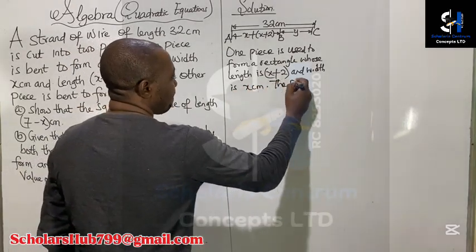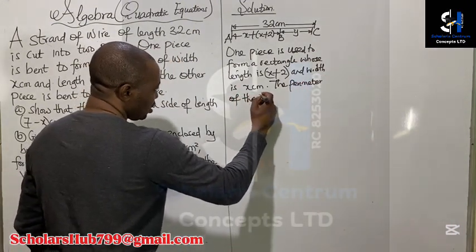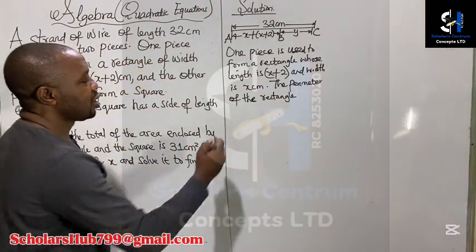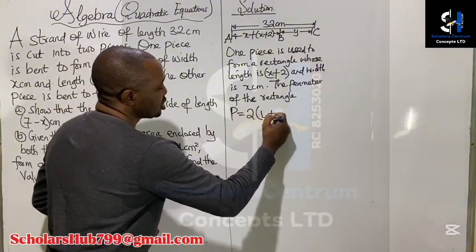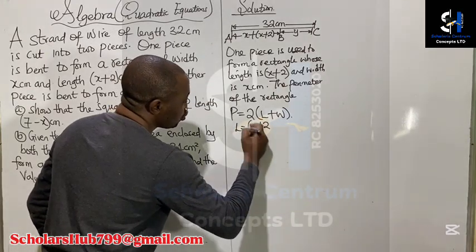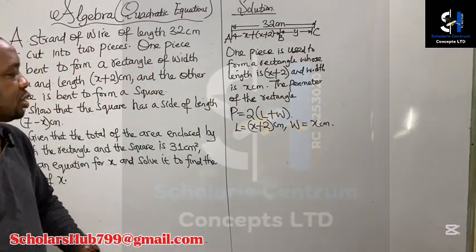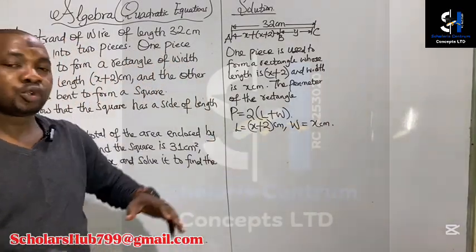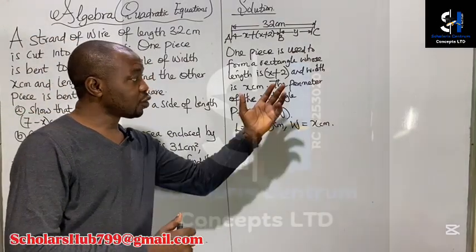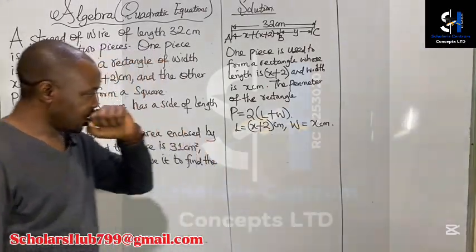The perimeter of the rectangle, P, equals 2 into length plus width. The length is x plus 2 centimeters and the width is x centimeters. We are going to use perimeter to solve this problem. So L equals x plus 2 centimeters, W equals x centimeters.